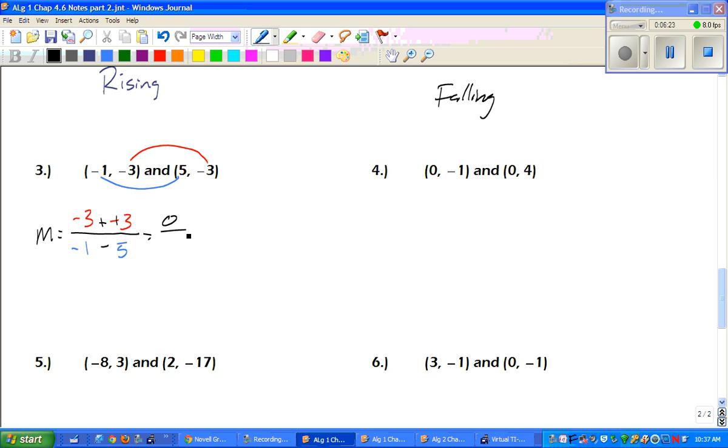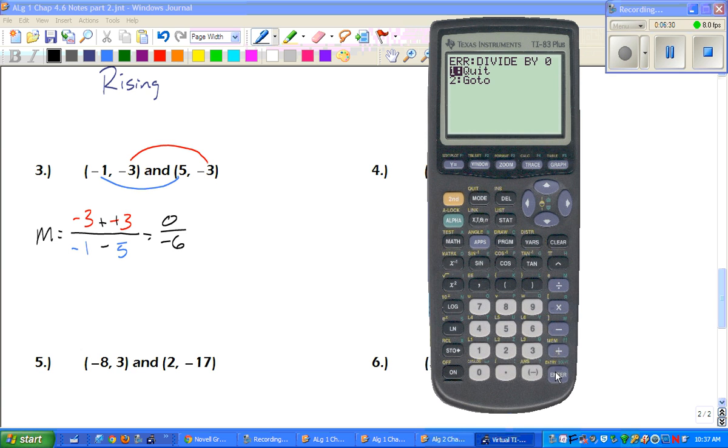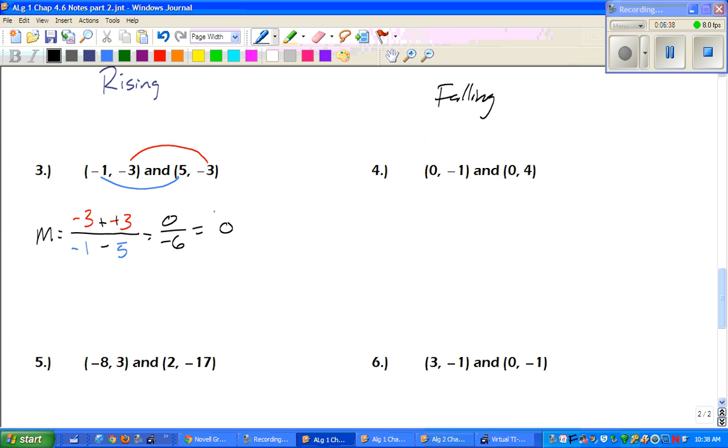Click on the top. Top gives us 0. Bottom gives us -6. Ooh, I forget which one that is, so I'm going to plug it in my calculator to double check. Okay, good. So this is 0. Okay, and if it's 0, that means it's a horizontal line.